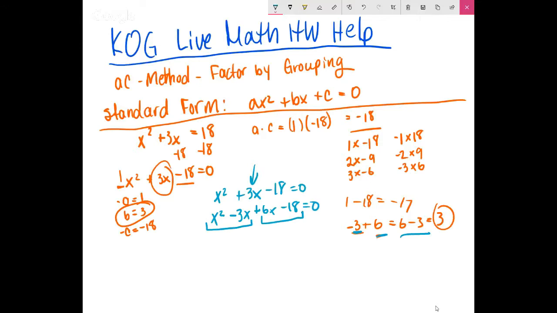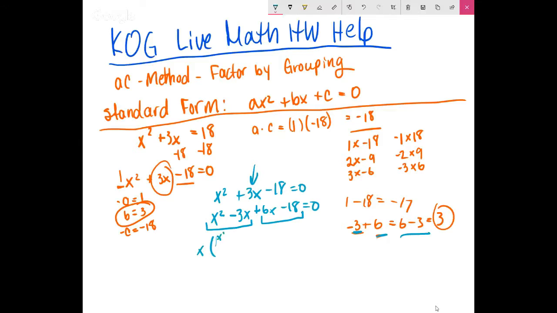Okay, so we're factoring out x. I said we're factoring out x. I didn't mean to say that so fast. I wanted to lead up to it, but that's what we're doing. We're factoring out x. And we're doing that because x squared and 3x have an x in common. Only one, though, because 3x only has one x.